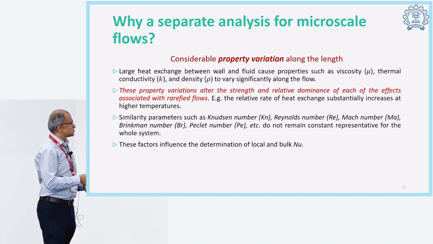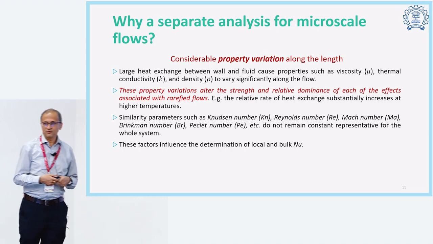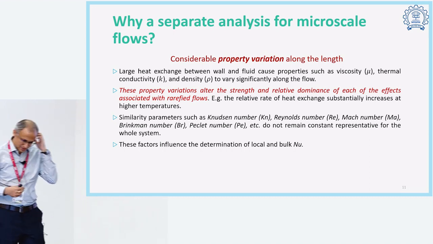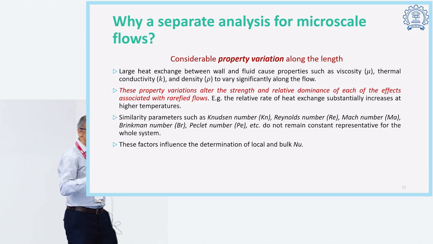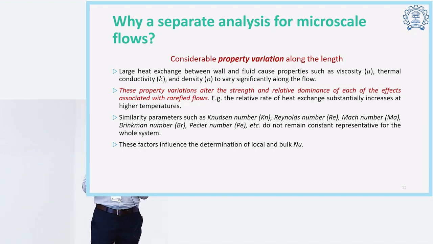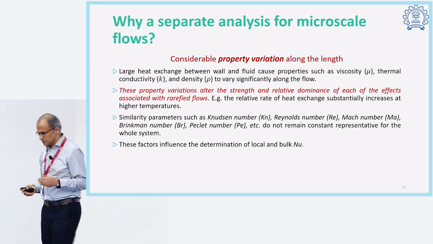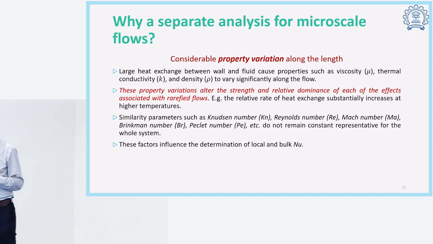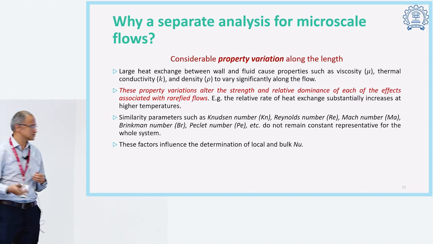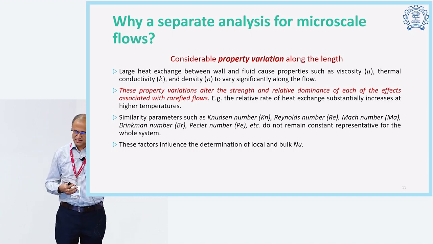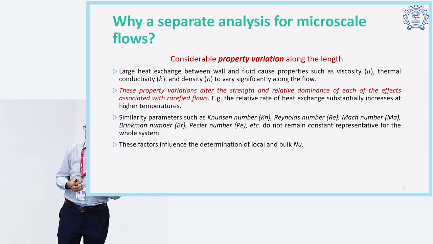Of course, you can also say that there will be a large amount of property variation, and this is going to be brought about because temperature differences are large. If there is a large variation in the temperature, there would be a correspondingly large variation in the properties, thermal conductivity, viscosity maybe, that you will have to, again, account for. This is not something specific or unique to the microscale.